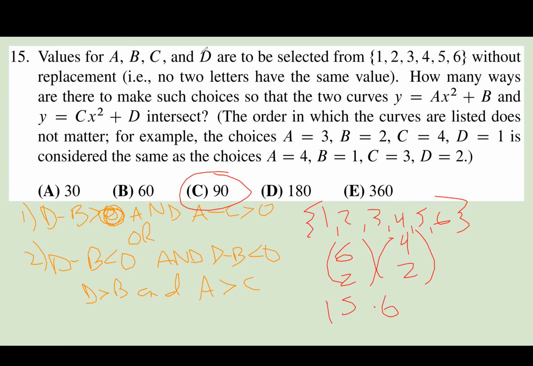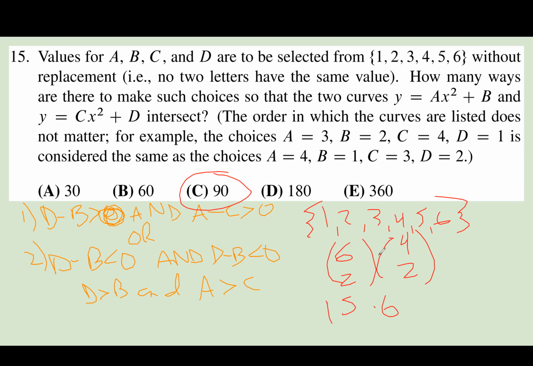The tricky part for me was understanding why we didn't have to consider the second case. But basically what ends up happening is it's essentially the same cases just switched around. It's basically just a scenario where d is less than b and a is less than c, which basically just takes the two curves that you would generate over here and just swaps them around, right?